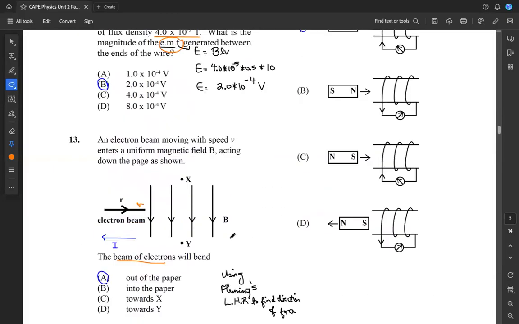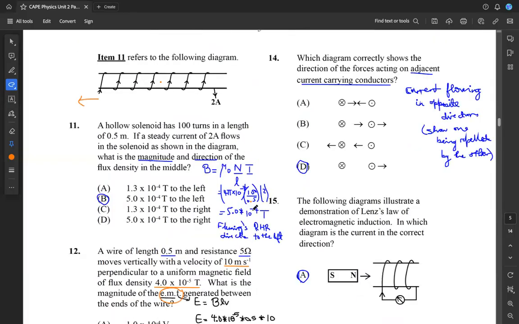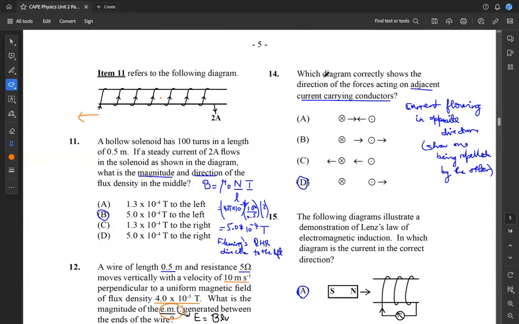Okay, so moving down to question 14. Question 14 says, which diagram correctly shows the direction of forces acting on adjacent current-carrying conductors? When we survey the answers, we see that the adjacent current-carrying conductors are carrying current in opposite directions.